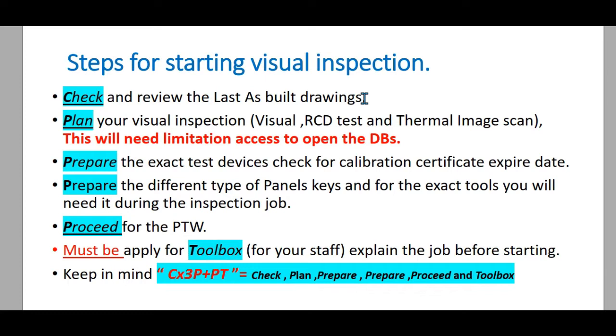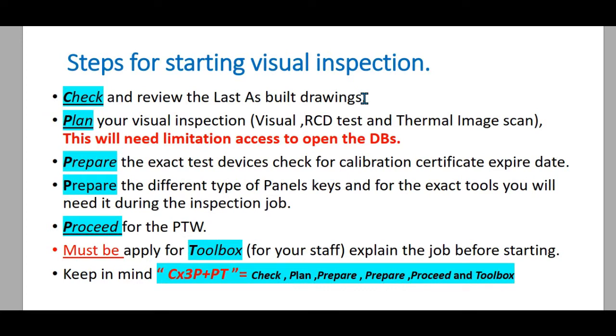We just go to the facility, for example the hospital, or the hotel, or the oil and gas field. We have only the papers and pen plus the permit to work. Then we just take a look, focus on the switches or the DBs, just looking.